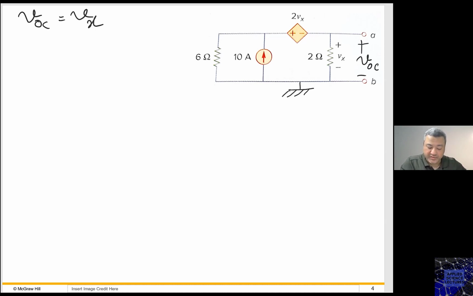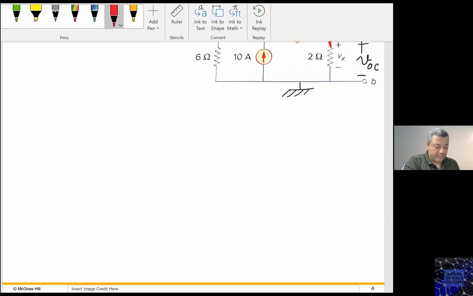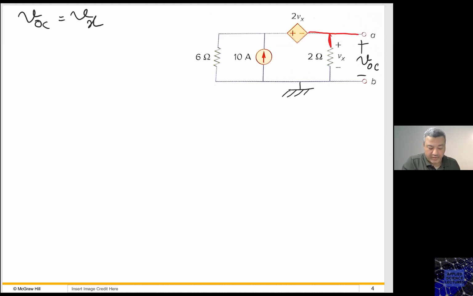So this is my reference. Let me put the color in here just to make it easier for you. I have a node here, and I have a node here.